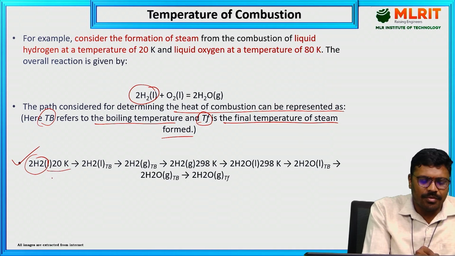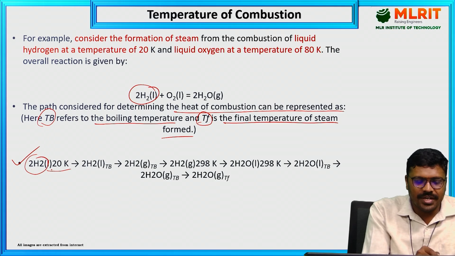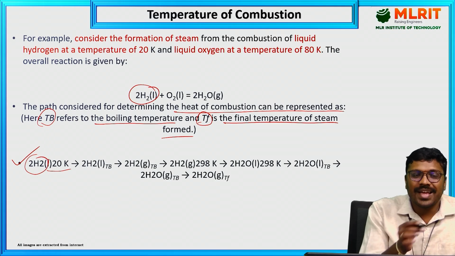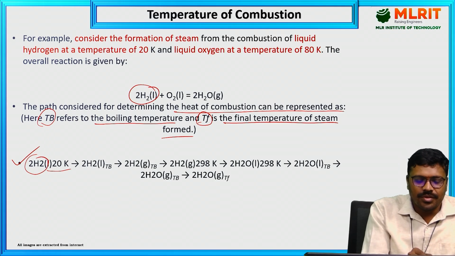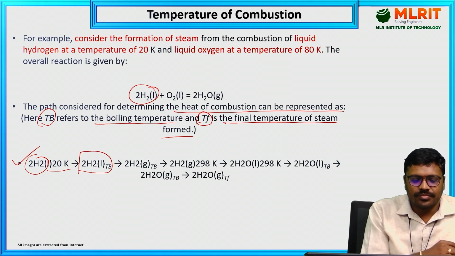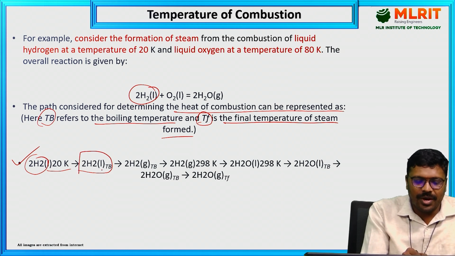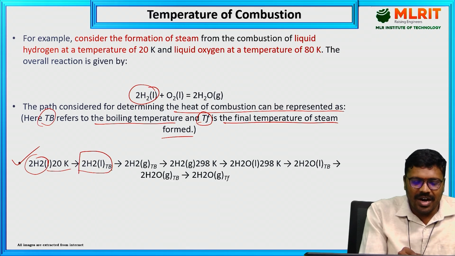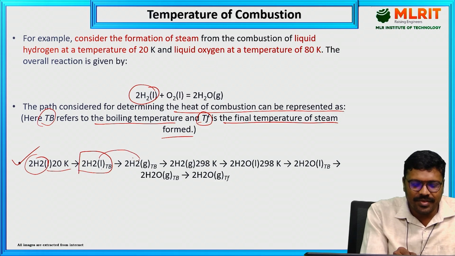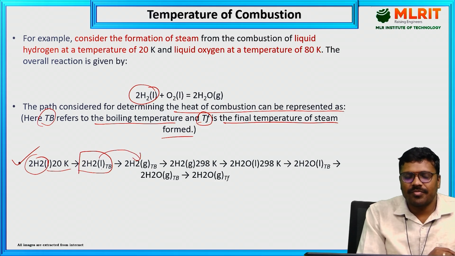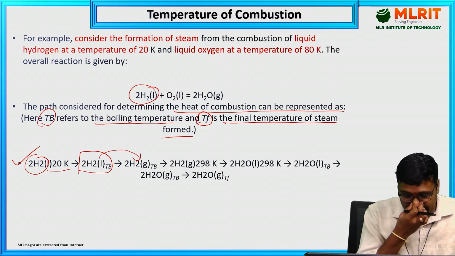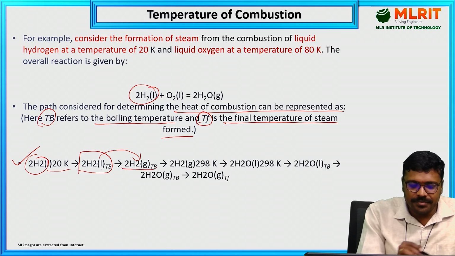So we have to bring this hydrogen from the liquid state to the gaseous state. We'll bring the H2 from liquid to the boiling point. After that we have to change the phase of hydrogen from liquid state to gaseous state at boiling point.